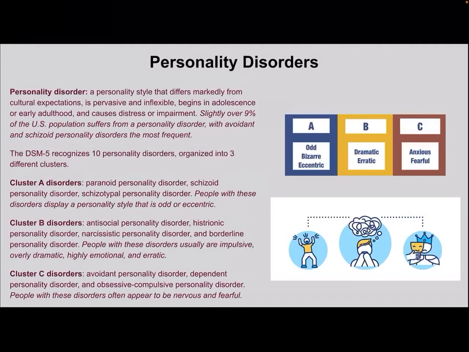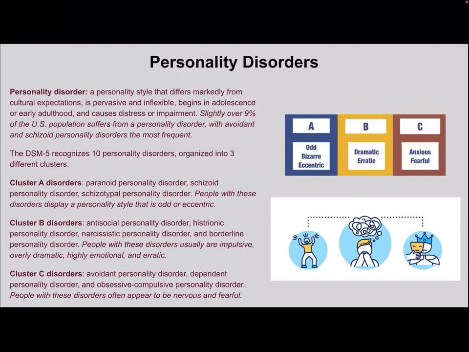A personality disorder is a personality style, something that's persistent, usually starts in adolescence or early adulthood, and it basically covers the person's whole life because it's their personality, but it's not normal, basically. I know that sounds bad, but it's different from what is accepted in society.